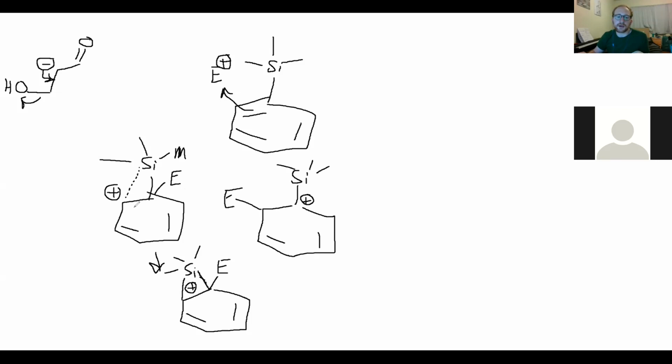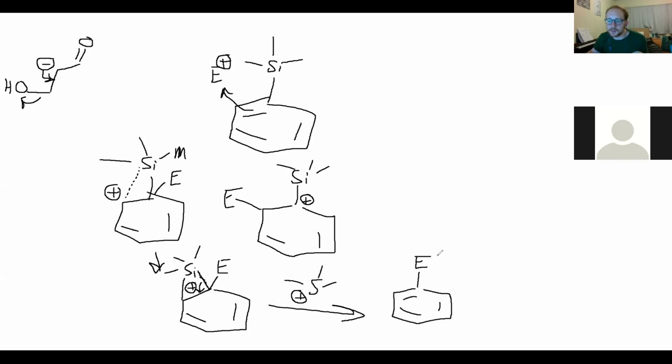Now that we have substitution into the ipso position, the pathway will terminate through loss of the silyl cation. It's essentially like we eliminate a proton, but in this case we eliminate a pretty stable silyl cation and get ipso substitution. So this is a function of the beta silicon effect.